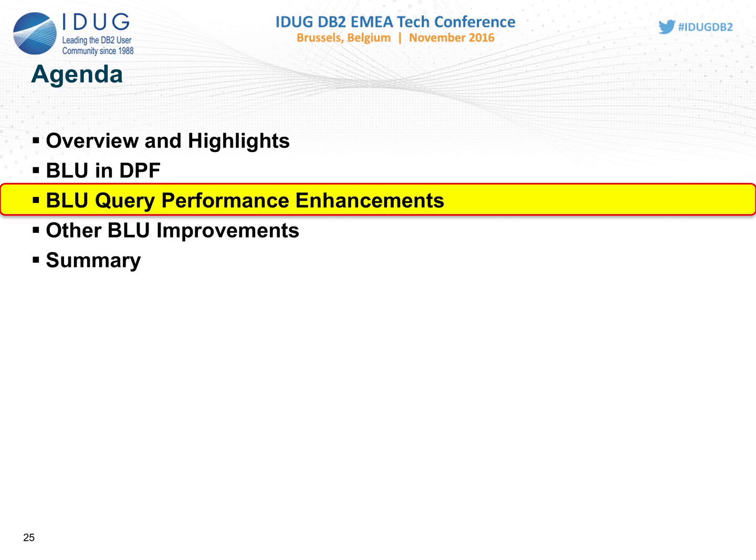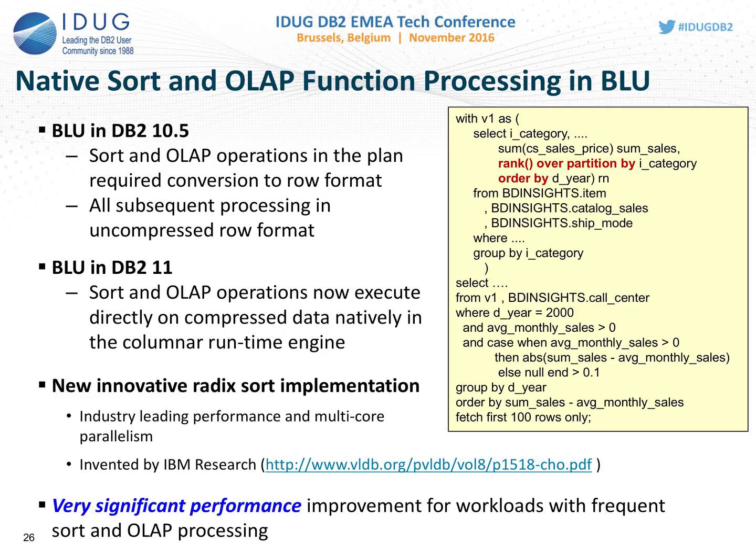Okay, other performance enhancements, which are also applicable to non-DPF, because we know BLU is also very powerful and very popular in non-DPF installations. So the first I want to talk about is a native sort and OLAP implementation.